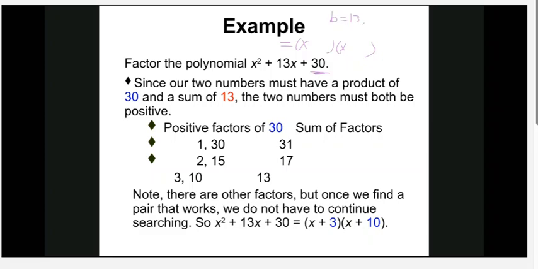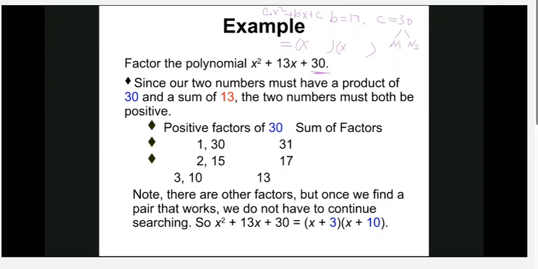If you compare with ax squared plus bx plus c, b is 13, c is 30, and a is 1. Since a is 1, we can just have 1x and 1x here. So we're going to break down c into two numbers, number 1 and number 2.